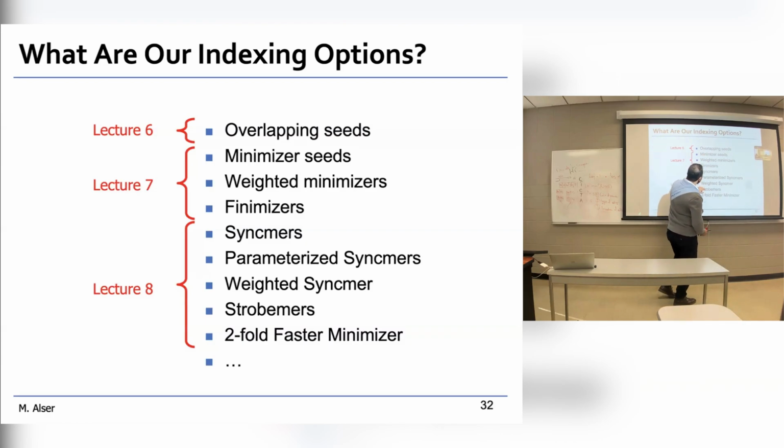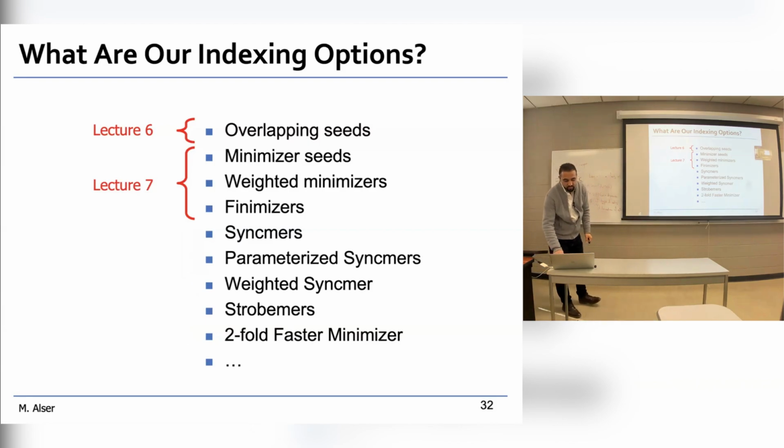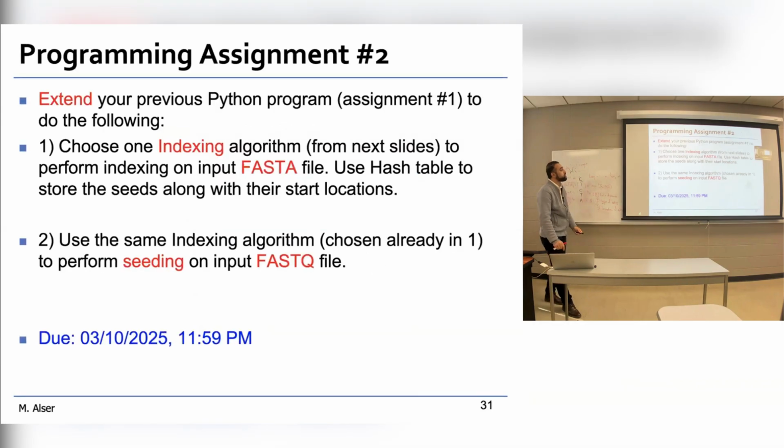If you want to do any of these, you have to do this. It's up to you how far you want to go. Just pick one of those, and apply it to the FASTA file, assuming you are already able to read the FASTA file and recognize where the sequence is and where the identifier is.